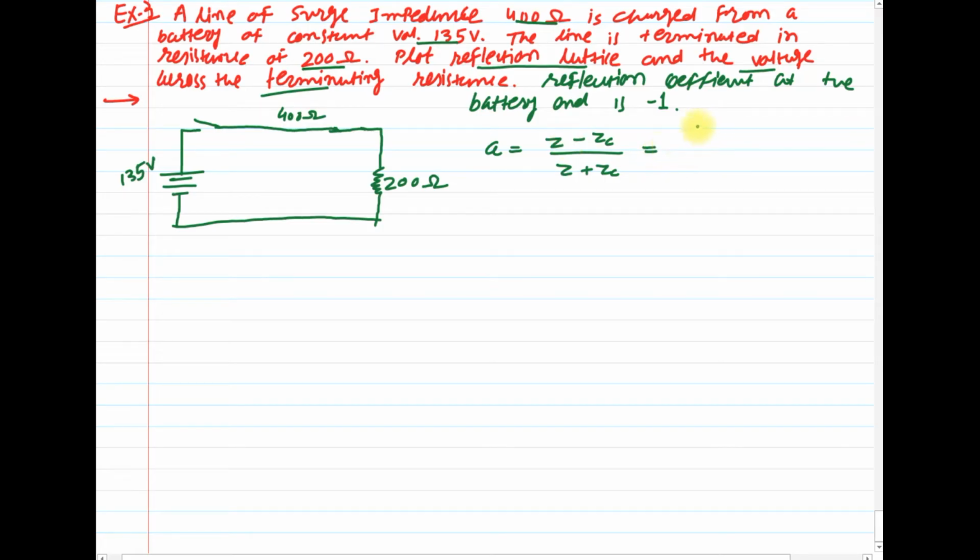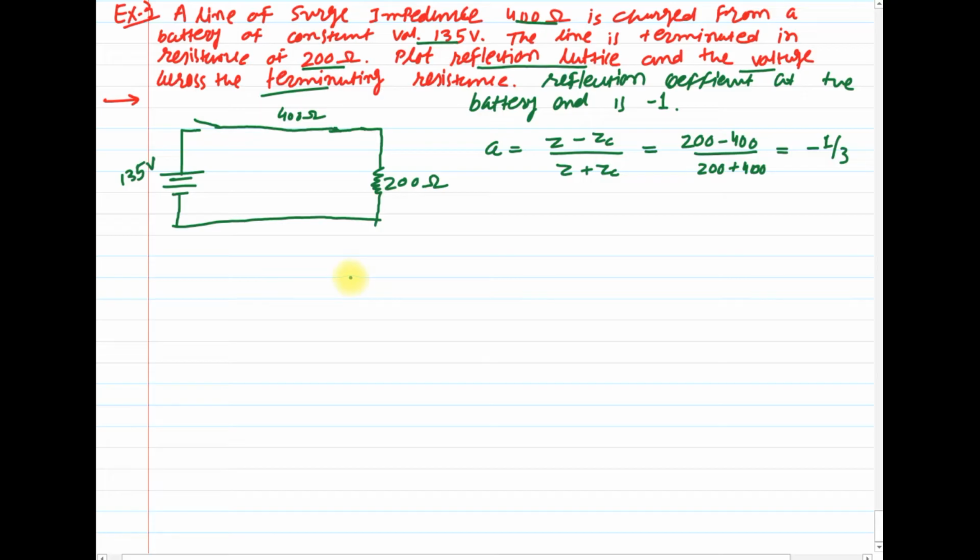So we write 200 minus 400 divided by 200 plus 400. The answer is -1/3. So the reflection coefficient at the end of the transmission line is -1/3, and at the battery end, that means on the left hand side, it is given as -1. Clear? So let us plot the reflection lattice diagram for this network.